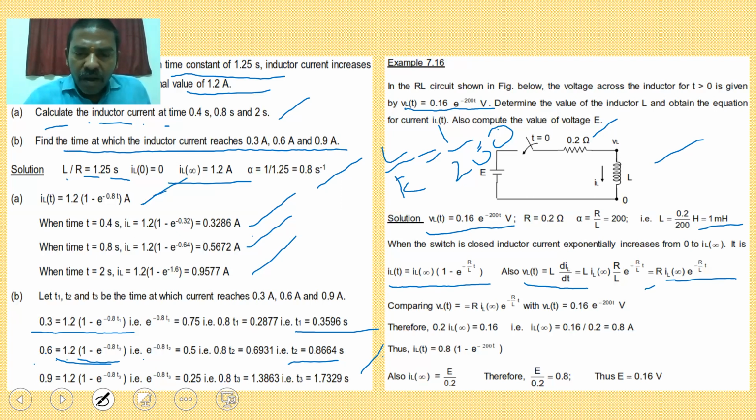So now the voltage drop across the inductor is R IL of infinity e power minus t by tau.